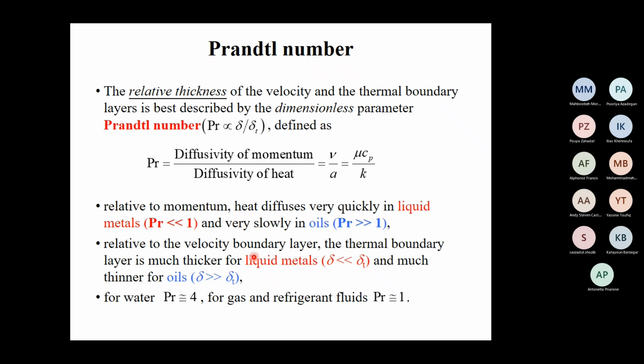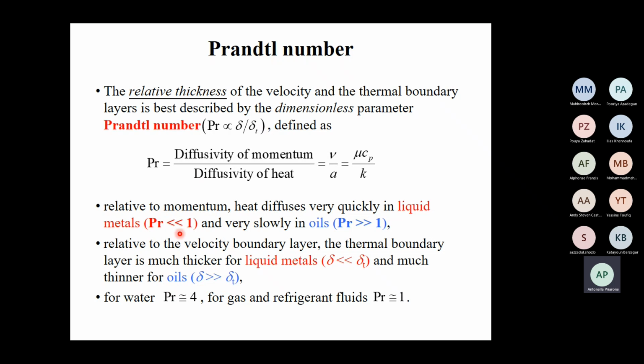Now, for example, if I consider the Prandtl number as a ratio between delta and delta T, I consider two extreme cases, liquid metals and oils, where heat diffuses very quickly. For liquid metals, the Prandtl number is very low. For oils, the Prandtl number is very high.